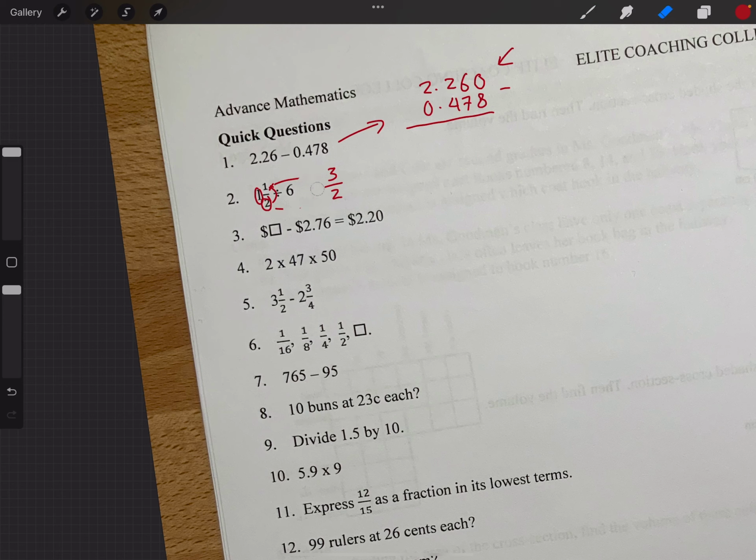Now we're dividing by 6, a whole number, so it's 6 over 1. If you remember how to divide fractions, we must flip the second one upside down. So instead of 6 over 1, we say 1 over 6, and we change the divide into a times, and you get the answer. Don't forget to simplify your answer.